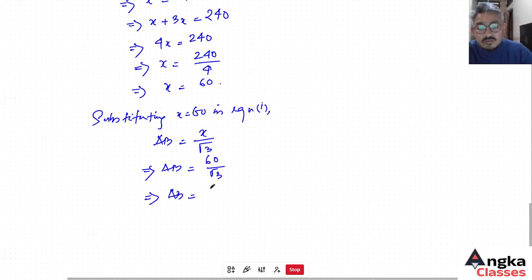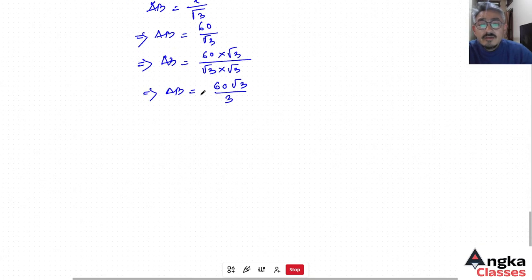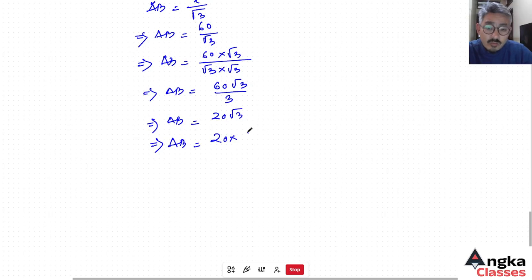So we have AB is equal to 60 by root 3 into root 3, so AB is equal to 60 root 3 divided by 3. Nadra, adu itadi 3 na 60 is divided by 3, which is 20 root 3. So implies that AB is equal to 20 into root 3, value is 1.73, since root 3 is equal to 1.73.